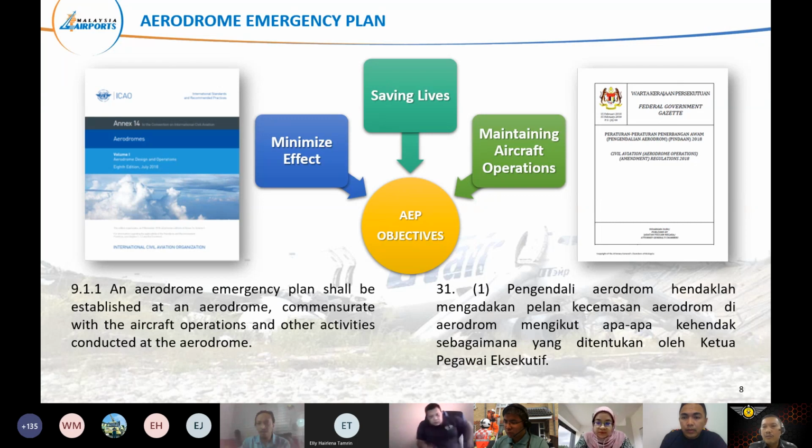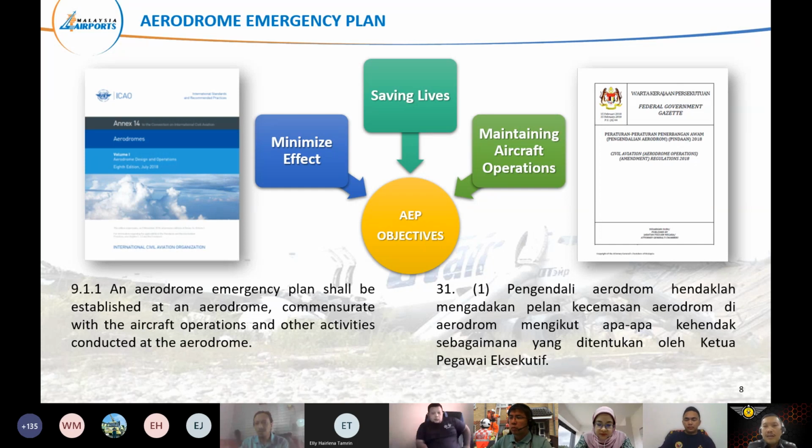We need to comply. At national level, in Malaysia, under our Civil Aviation Aerodrome Operation Amendment Regulation 2018, Peraturan 31/1: Pengendali aerodrome hendaklah mengadakan pelan kecemasan aerodrome di aerodrome mengikut apa-apa kehendak sebagaimana yang ditentukan oleh Ketua Pegawai Eksekutif Pihak Berkuasa Penerbangan Awam Malaysia.